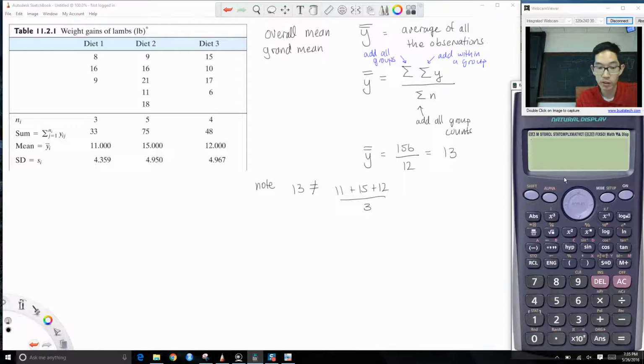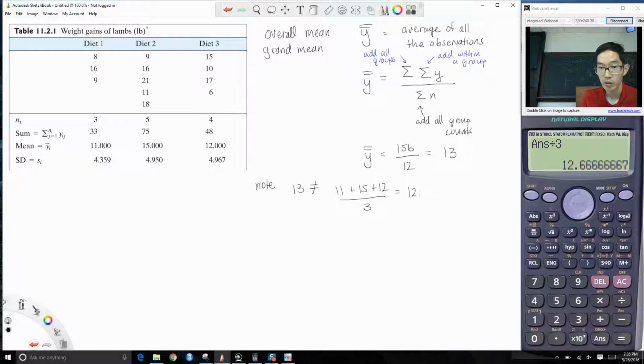Okay? So 11 plus 15 plus 12 divided by 3 is 12.67. So that is not the same. Okay, this form would require having all of the data available. Sometimes you only get the summary information.